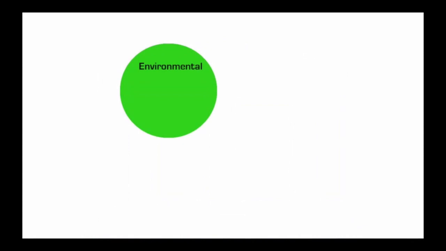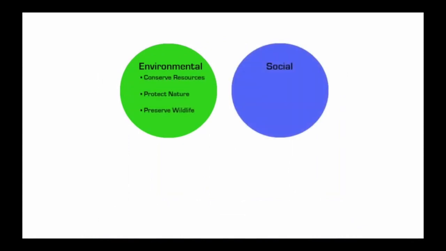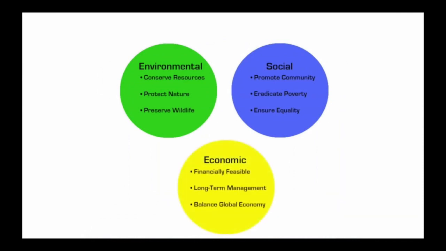First, sustainable human activities must protect the Earth's environment. Second, people and communities must be treated fairly and equally, particularly in regard to eradicating global poverty and the environmental exploitation of poor countries and communities. And third, sustainability must be economically feasible.